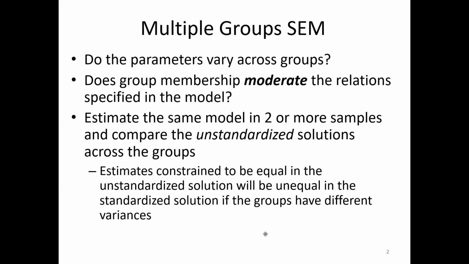You can think about it as if you took 2 people who had equal scores on the latent variable and asked them this question: would the people in one group score higher than the people in the other group? And if the answer to that is yes, then that's one type of differential item functioning that we're often really interested in. That's a problem, right?